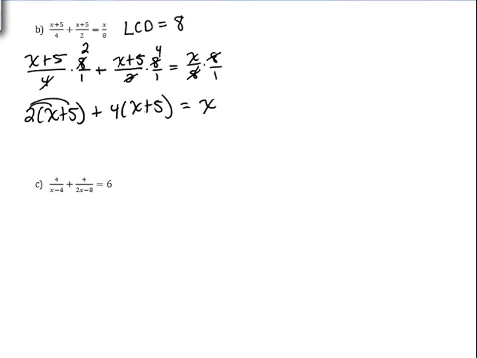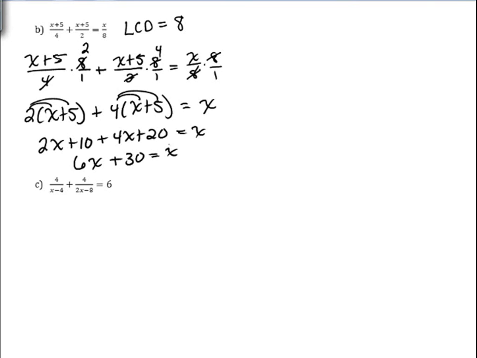Now we need to distribute the 2, giving us 2x plus 10. Distributing the 4 gives us 4x plus 20, and it's equal to x. Now we need to combine our like terms. 2 and 4 is 6, so that's 6x, and then we have 10 and 20, so that's plus 30, and it's equal to x.